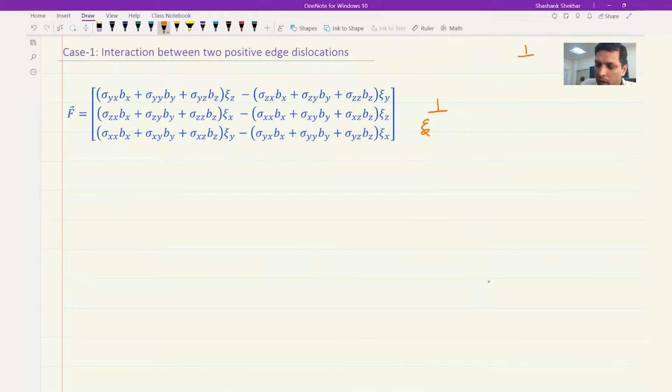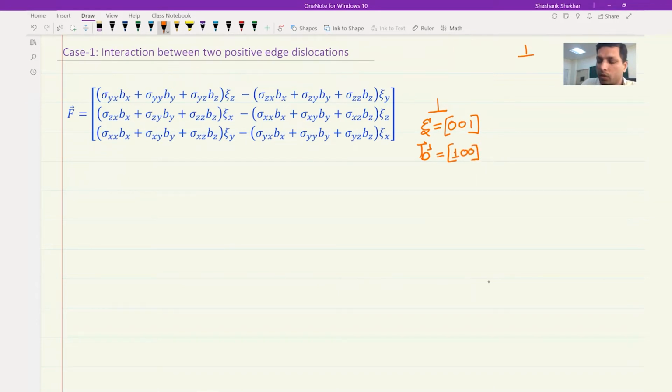Here we have epsilon, and I will write 1 on the superscript. Epsilon 1 is equal to 0, 0, 1, and the line vector, again with superscript 1, has to be perpendicular to this, so it could be anywhere, but to make things simple we will take it as 1, 0, 0.